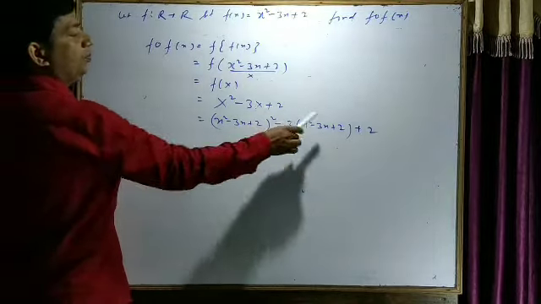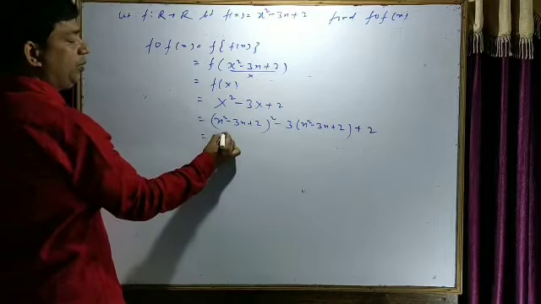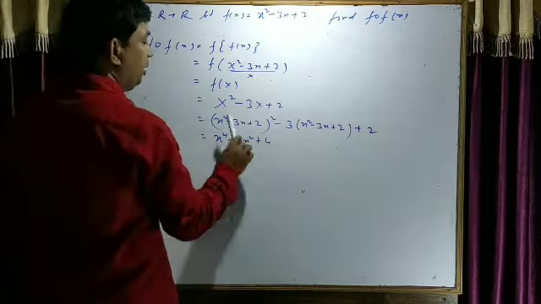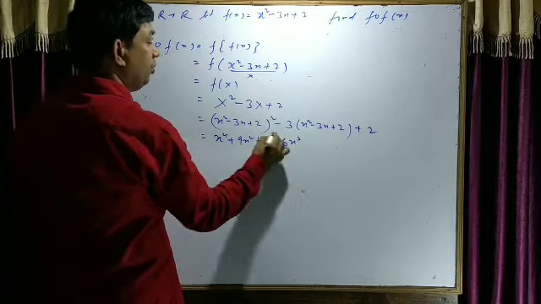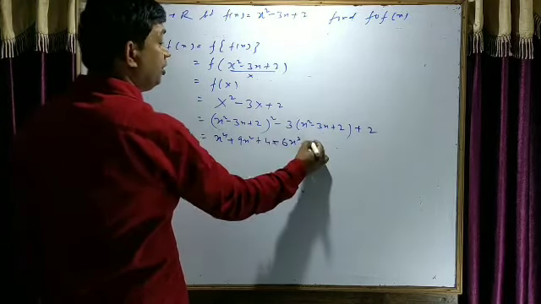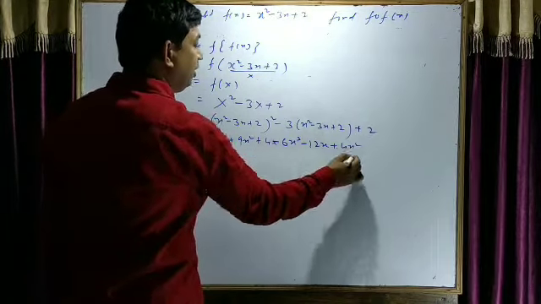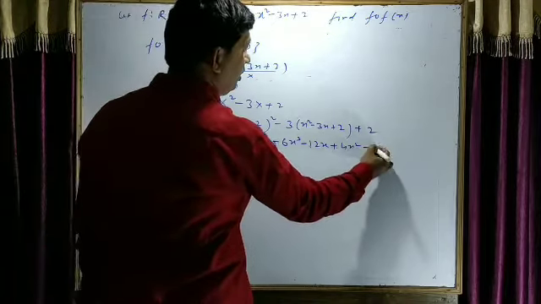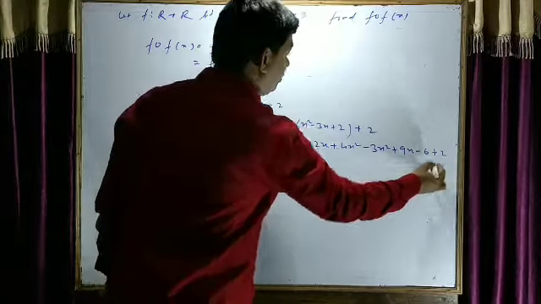This one is a minus b plus c whole square, which is a square plus b square plus c square plus 2ab plus 2bc plus 2ca. So x to the power 4 plus 9x square plus 4, then 2ab gives minus 6x cube, 2bc gives minus 12x, and 2ca gives plus 4x square, minus 3x square plus 9x minus 6 plus 2.